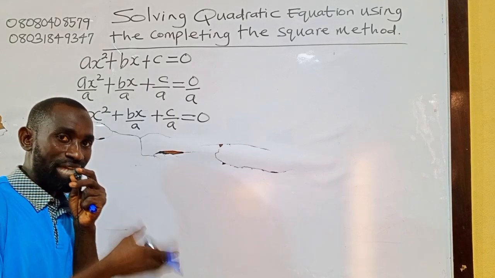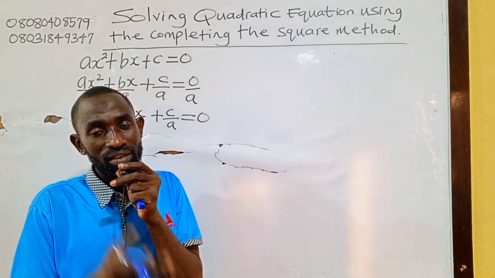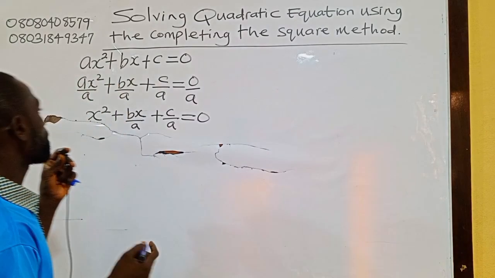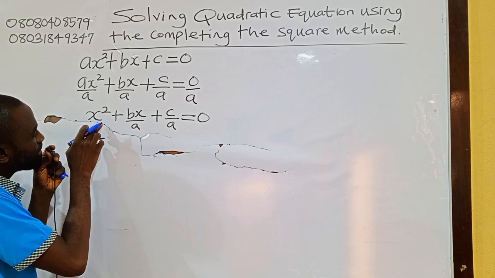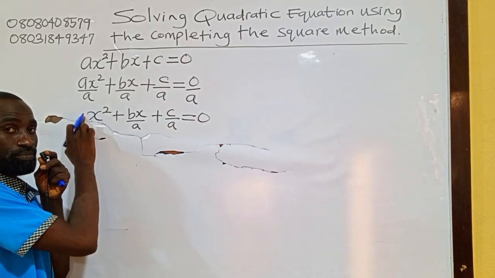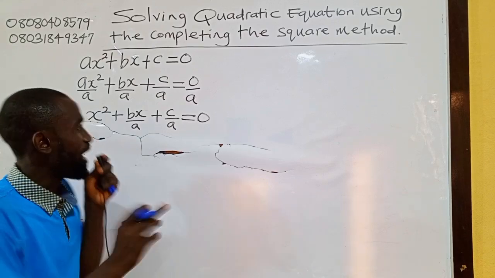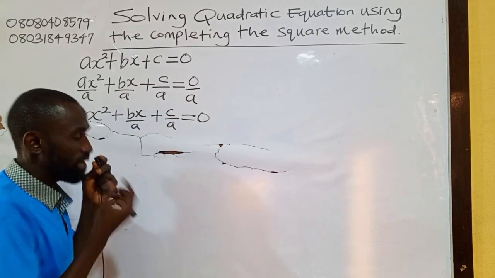I'm only trying to highlight the steps before we use the steps to solve a valid equation. So from here, what's the next thing? At this point, the coefficient of x squared is 1. The coefficient of x is b all over a. The constant is now c all over a.